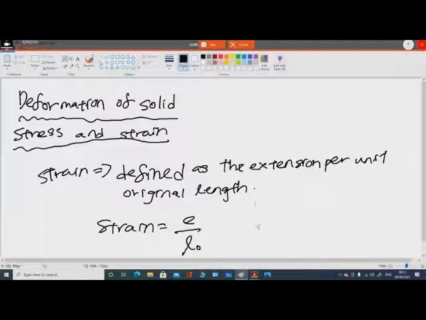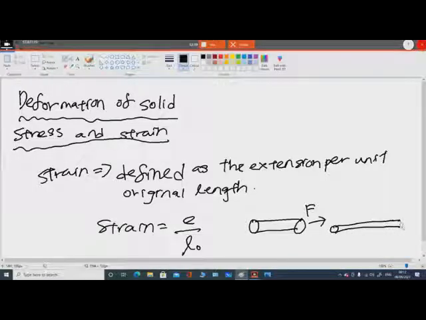So if we apply the force to the wire, we know that this wire will be longer after we have applied the force to this wire. So what we get is actually a longer wire.